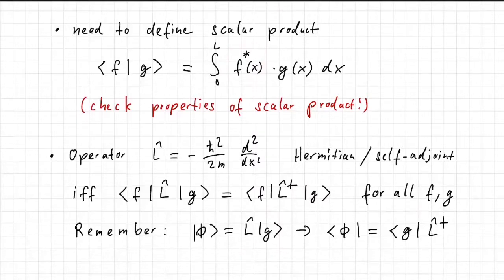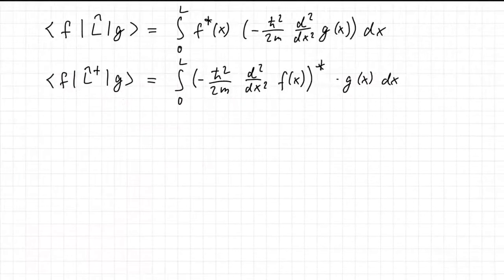So let us just write this down explicitly. The matrix element FLG is given by our scalar product where we act with the derivative operator on G, and the matrix element of the Hermitian conjugate is given by acting with the differential operator on F. So this is how we have the Hermitian conjugation implemented here.